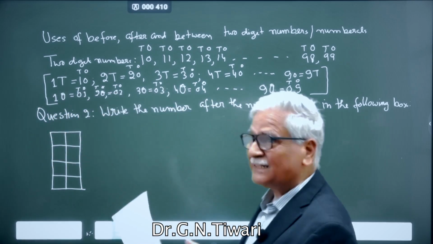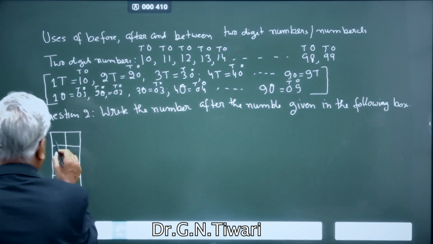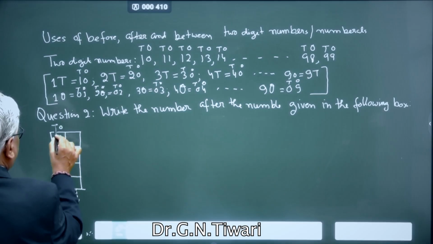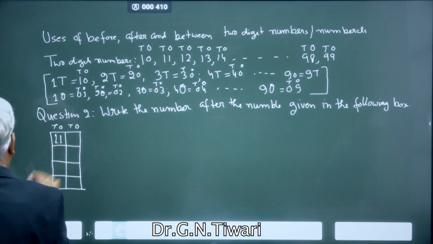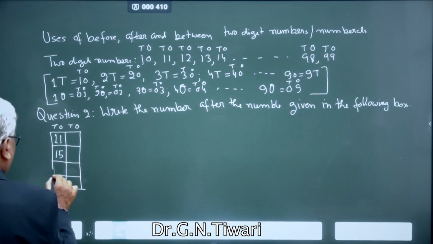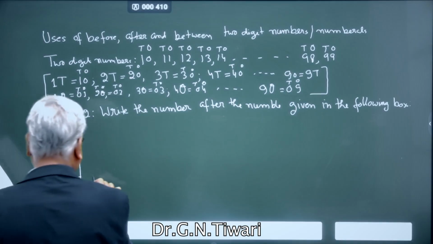So it will be convenient for students to say, for example here 11, O T, 11, 15, then 20, then 25. They should write here.